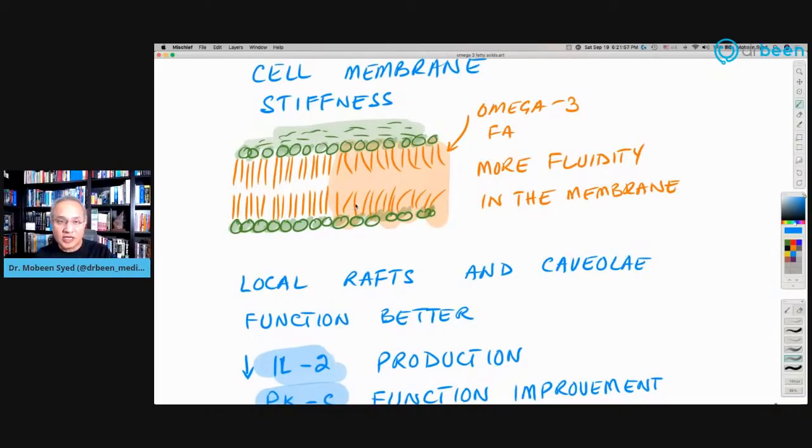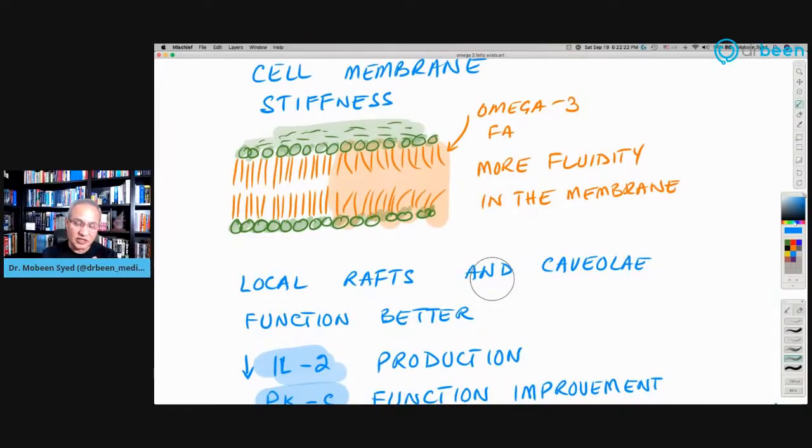Similarly, caveoli are small cave-like structures in the cell membrane through which various substances can pass, and the caveoli function has to be very correct. And remember, one of the caveoli functions we saw a few days ago was for the cellular movement of immune cells from the blood vessel outside. And secondly, caveoli can function to improve phagocytosis.